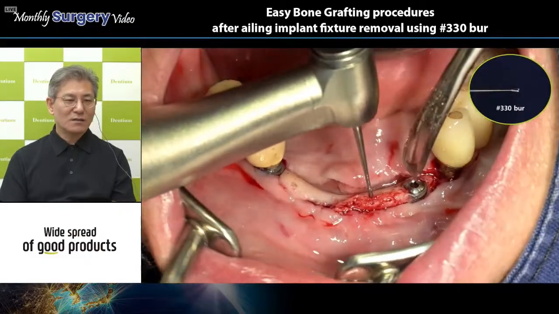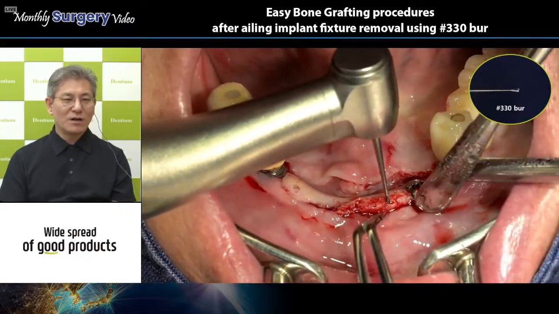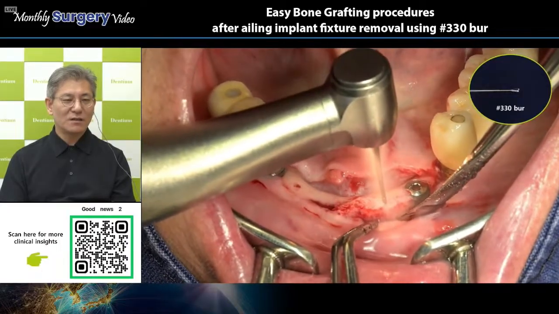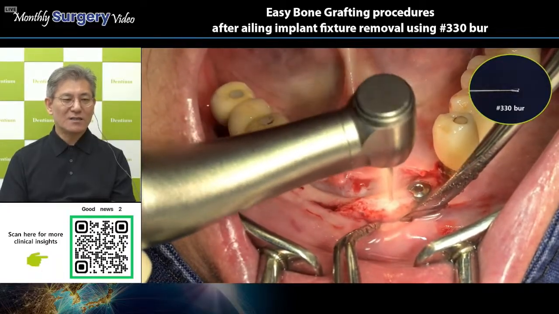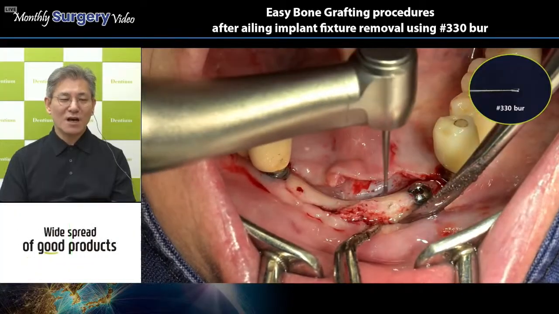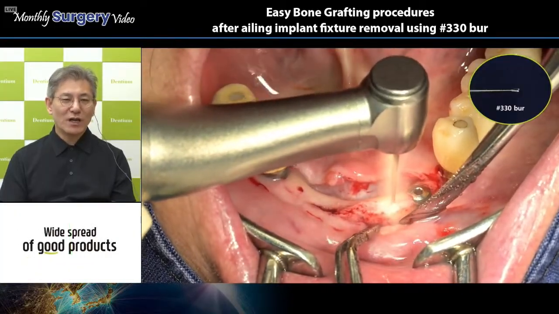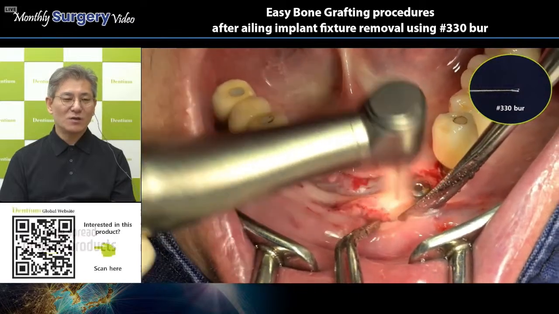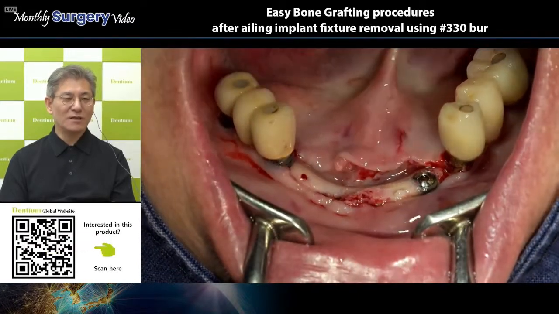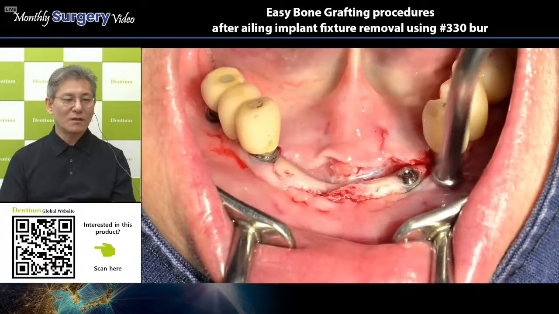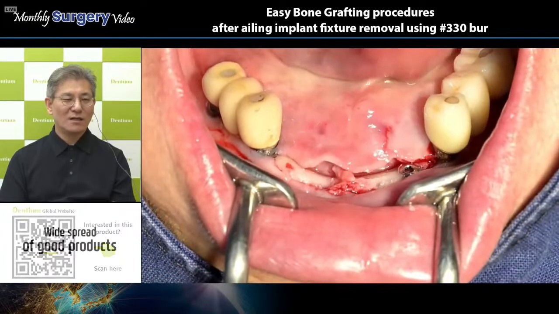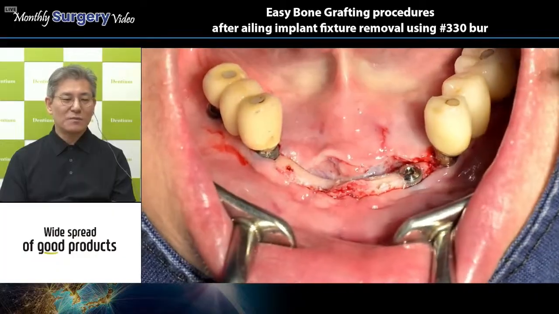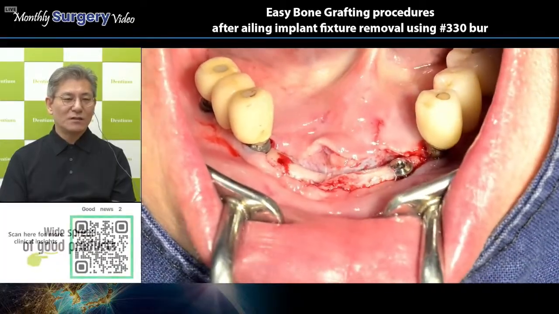Okay, now Dr. Zhang used the number 330 bur. The 330 bur is very versatile. Actually, a long shank 330 bur makes some indentation on the cortical bone plate like this one. Why this long shank 330 bur instead of a Lindemann drill?